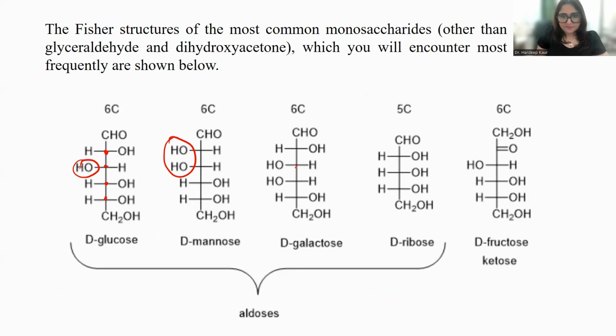Here, in ribose, all the OH are on the right side. But here, the last two, fructose. So this is how you can remember just the position of the OH, and you will get the different monosaccharides.